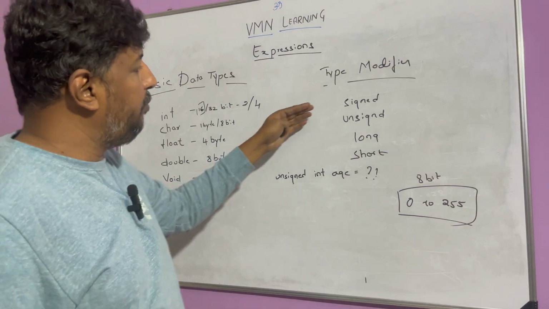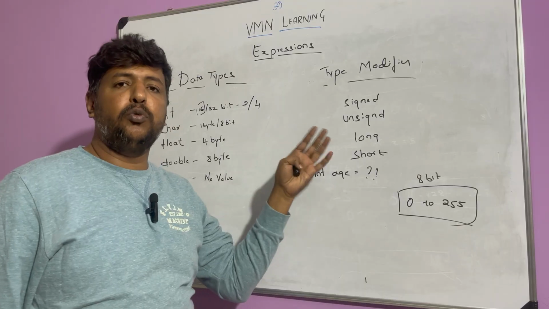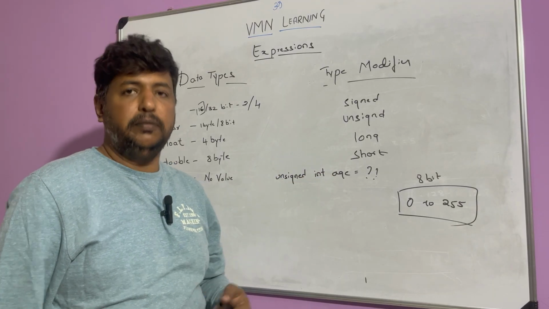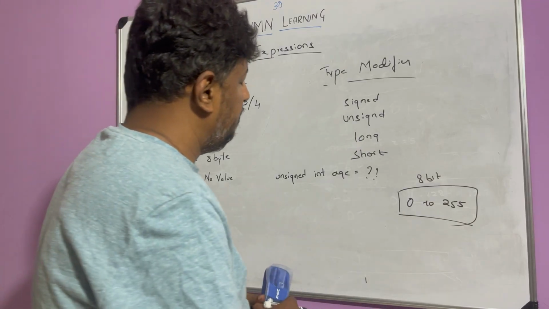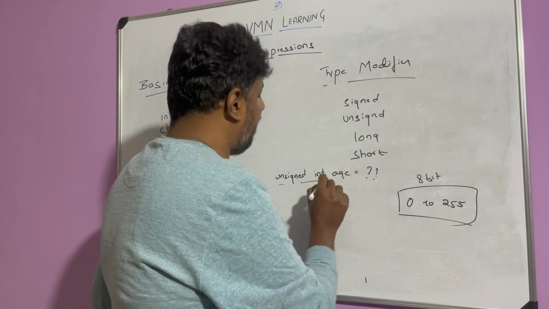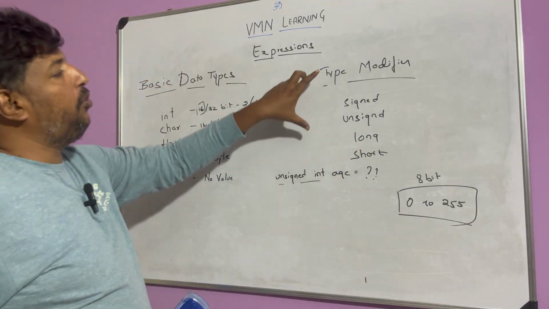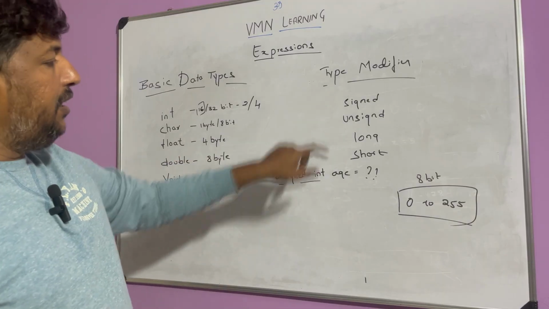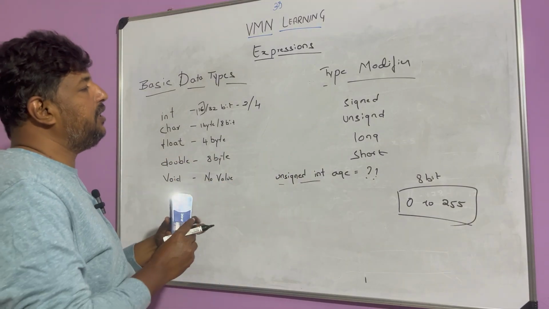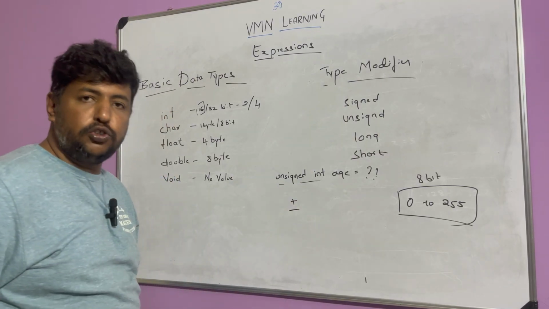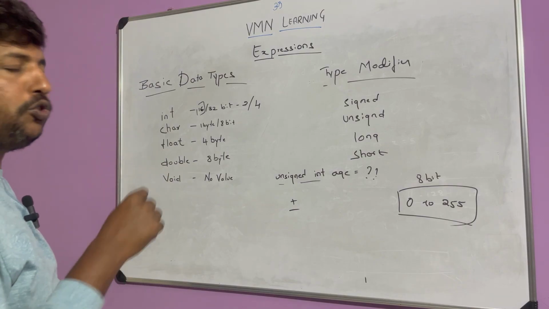We were able to solve a small problem about age. That's where the unsigned modifier comes in. These are examples of why modifiers are used. What is signed? Signed is a simple integer that can be either positive or negative.